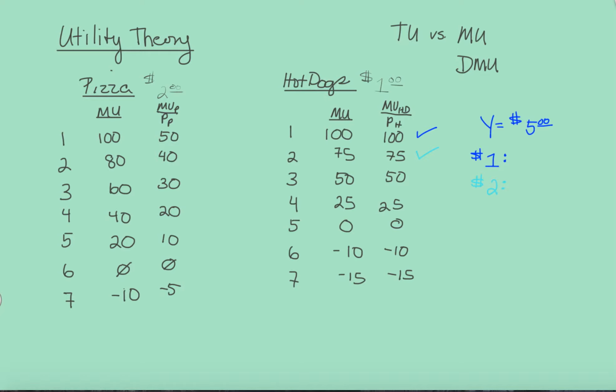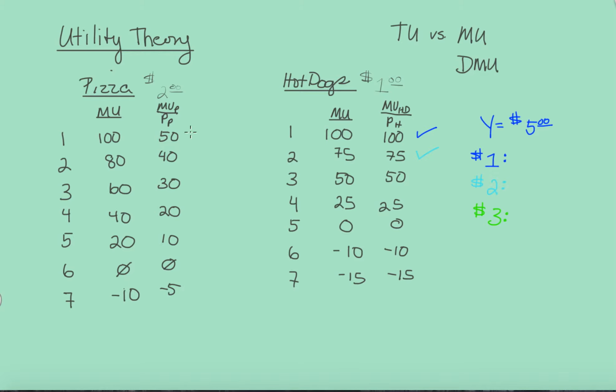So now he's got a third dollar to spend. What is he going to buy with his third dollar? Well, if we look at how many units he can get of pizza and how many units he can get of hot dogs, we'll see that per dollar spent, they're even at pizza and hot dogs.